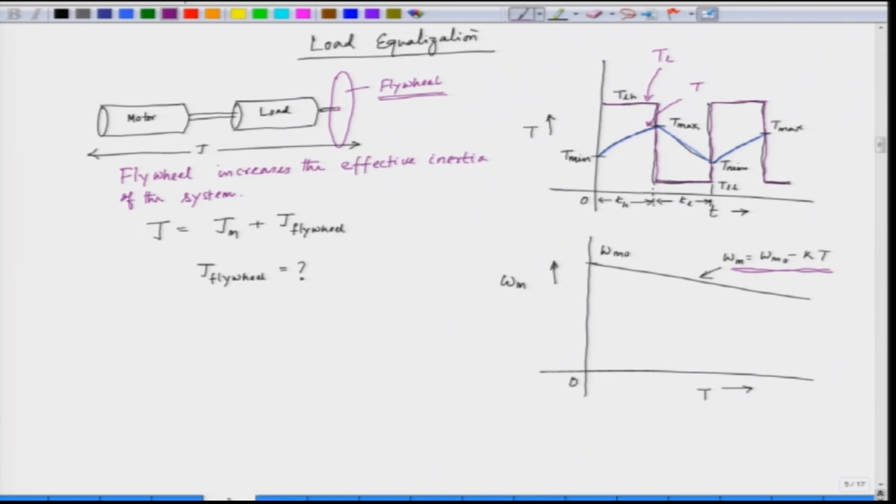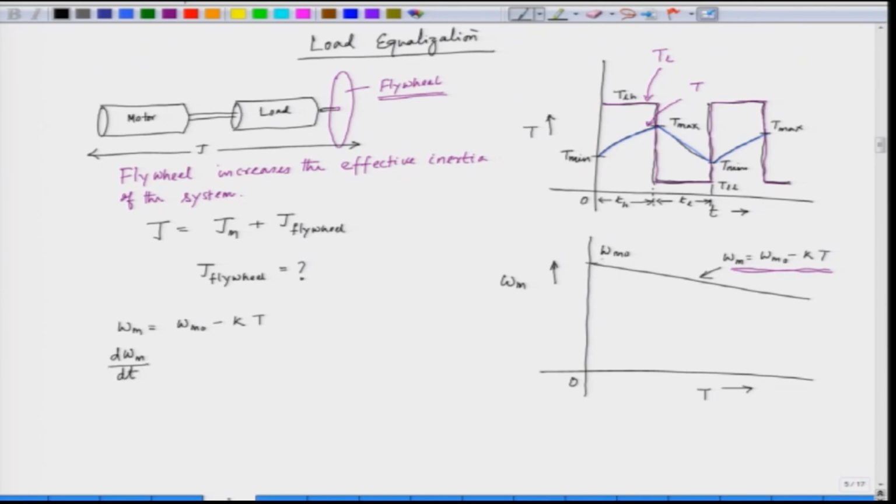Now, let us write down the dynamical equation. We have the motor characteristic, omega m equal to omega m naught minus k T. We find the derivative, d omega m by dt.